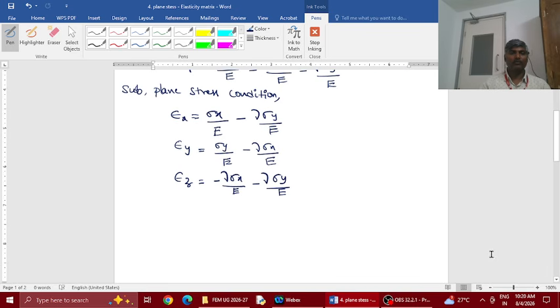Now we need to derive the stress-strain relation, with strain on the left hand side and stress components on the right hand side. Let us consider the first two equations, because we need expressions for sigma x and sigma y.